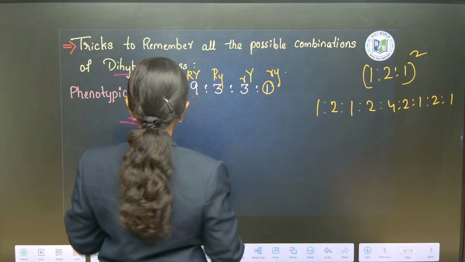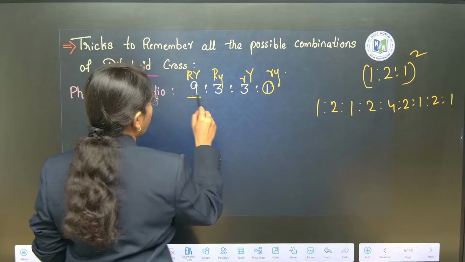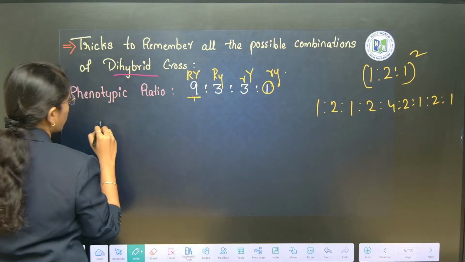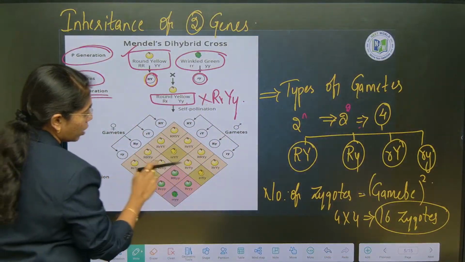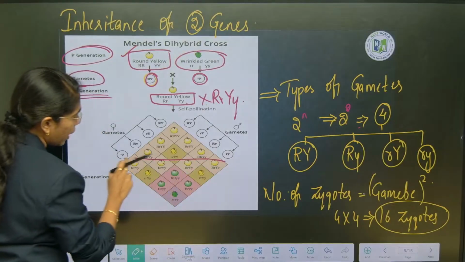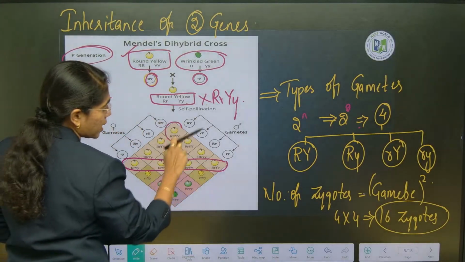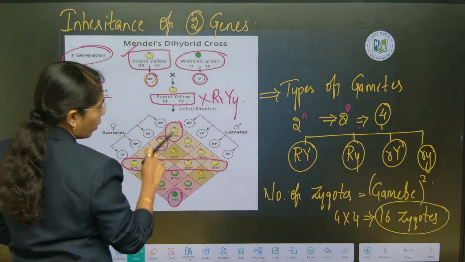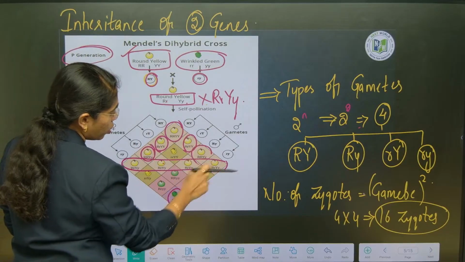Now you see all the possible combinations. You have 9 round and yellow phenotype. How many are homozygous dominant? If you observe the checkerboard clearly, 4 will be heterozygous for both genes, and 1 is homozygous dominant. 1 is heterozygous with 1 allele, and such types you will have 2 again.